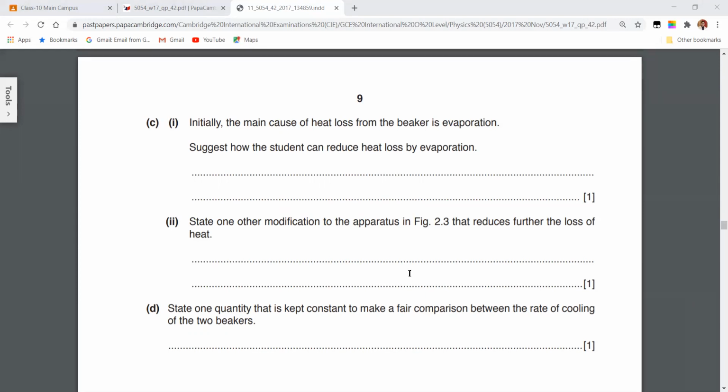Yes, read and tell us the answer. C1, please. Okay, we are waiting for Azan. Maybe he is waiting.